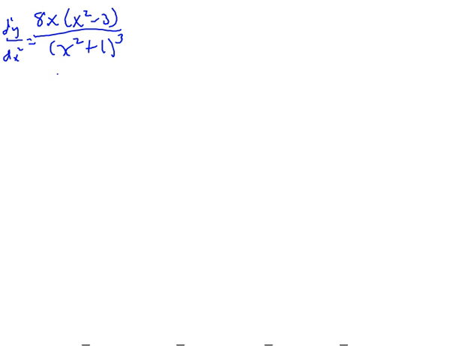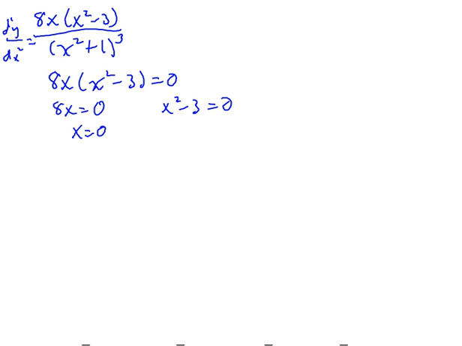So we want to see when 8x times (x squared minus 3) equals 0. So when is 8x 0, or when is x squared minus 3 0? 8x is 0 when x is 0, and x squared minus 3 is 0 when x equals plus or minus the square root of 3. So our values are negative square root of 3, 0, and positive square root of 3.